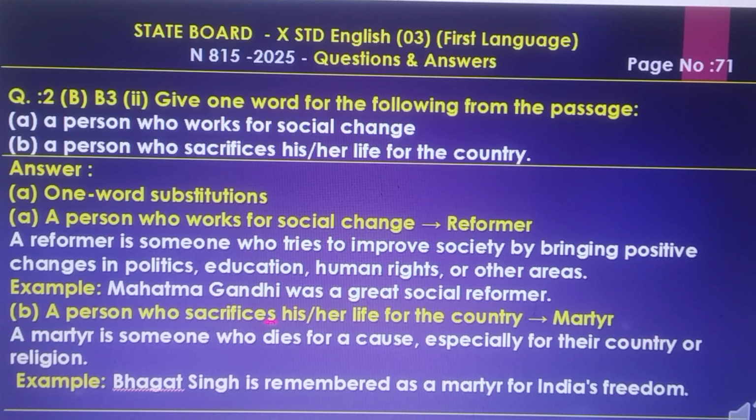For example, Mahatma Gandhi was a great social reformer. B: a person who sacrifices his or her life for the country is a martyr. A martyr is someone who died for a cause, especially for their country or religion. Bhagat Singh is remembered as a martyr for India's freedom.